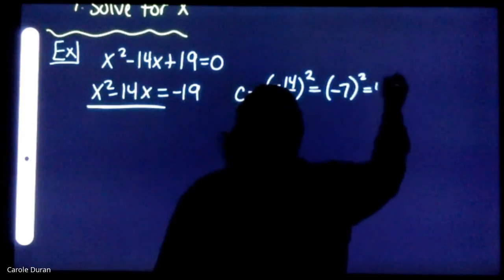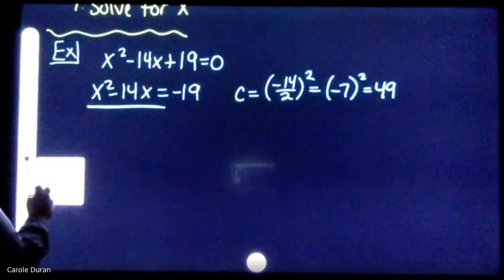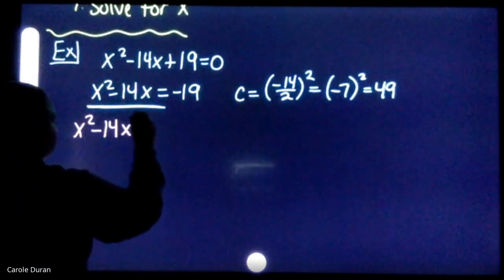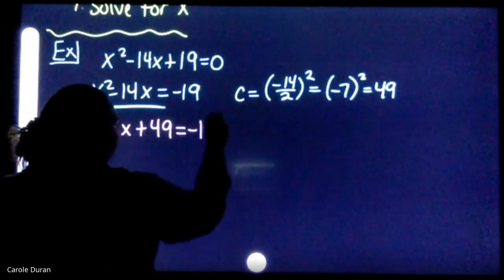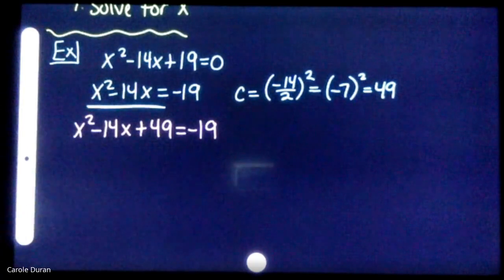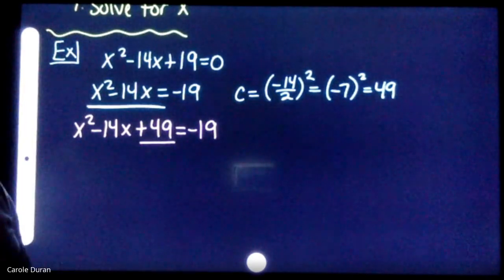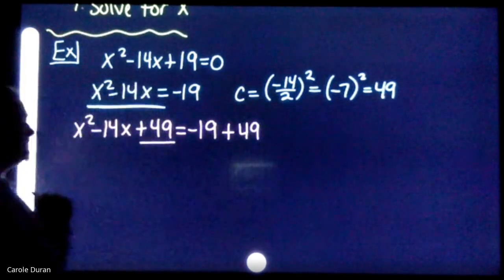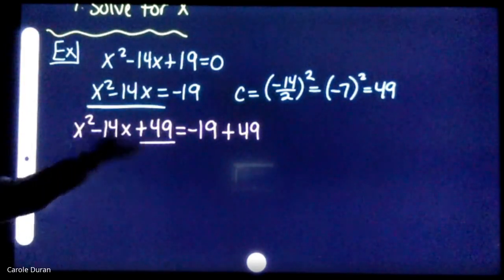Squared is 49. Okay, so now the left side is x squared minus 14x plus 49 equals negative 19. But step 4 is to balance our equation. So because we added this third number to the left-hand side, we also have to add it to the right-hand side. Okay, that's how we balance our equation. So whatever we add on one side, we have to add to the other side.